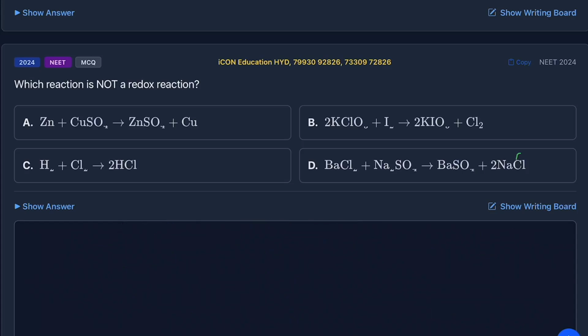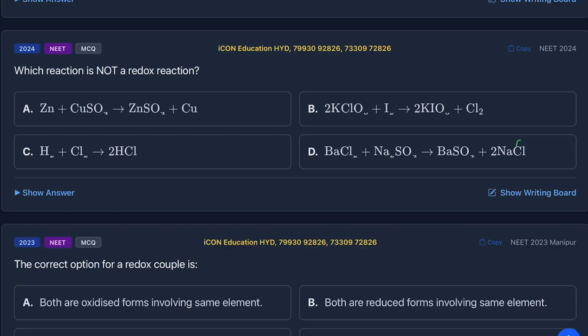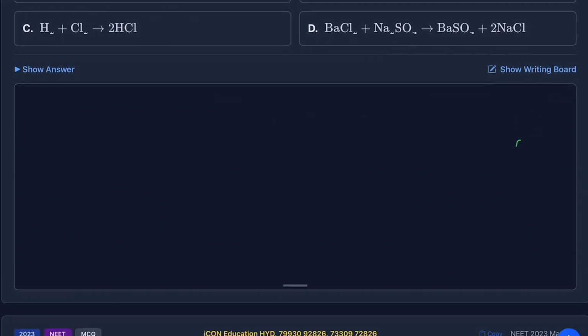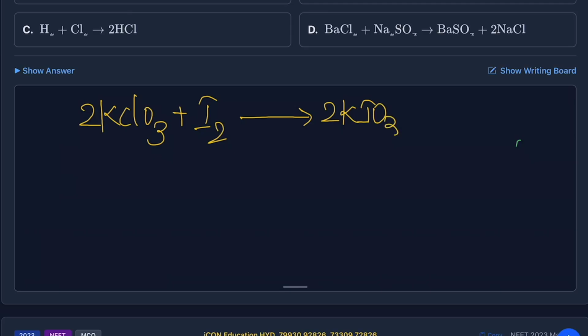Next, we are moving towards the next option, our B option. What is our B option here? 2KClO3 plus I2 gives rise to 2KIO3 plus Cl2.